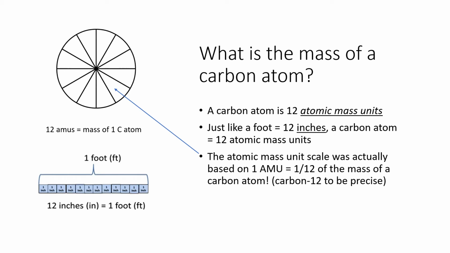Now, in truth, if you looked up the mass of carbon on the periodic table, you would see 12.01. That's because there are different isotopes of carbon, and if you average them together in a sample of carbon, you will get 12.01.